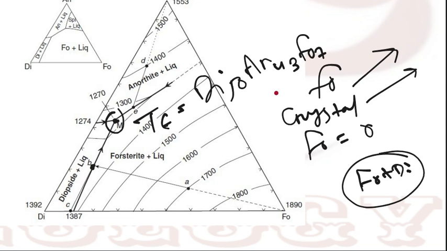All the previously formed crystals are fractionated out. So at last when we reach the ternary eutectic point, only the eutectic composition of melt is there, so we'll get a solid of ternary eutectic composition.